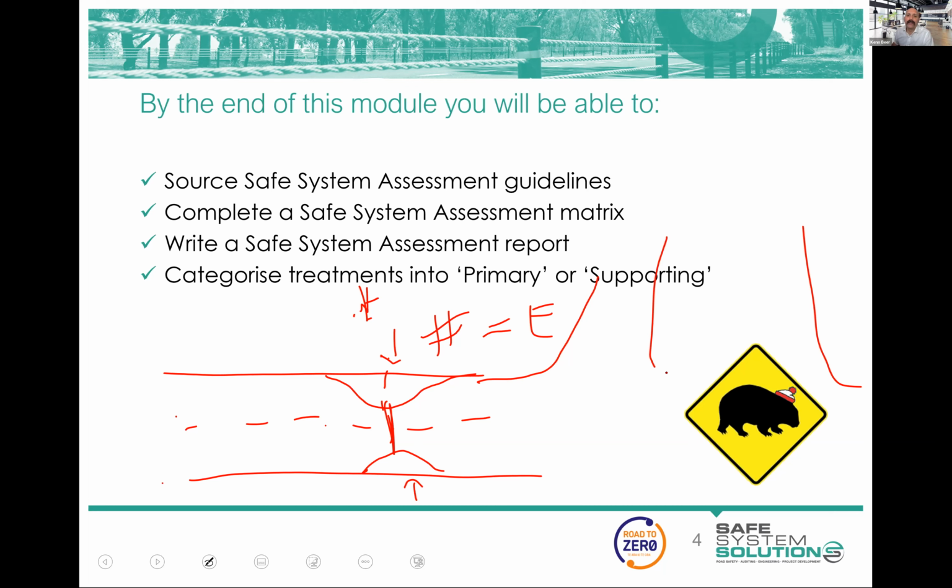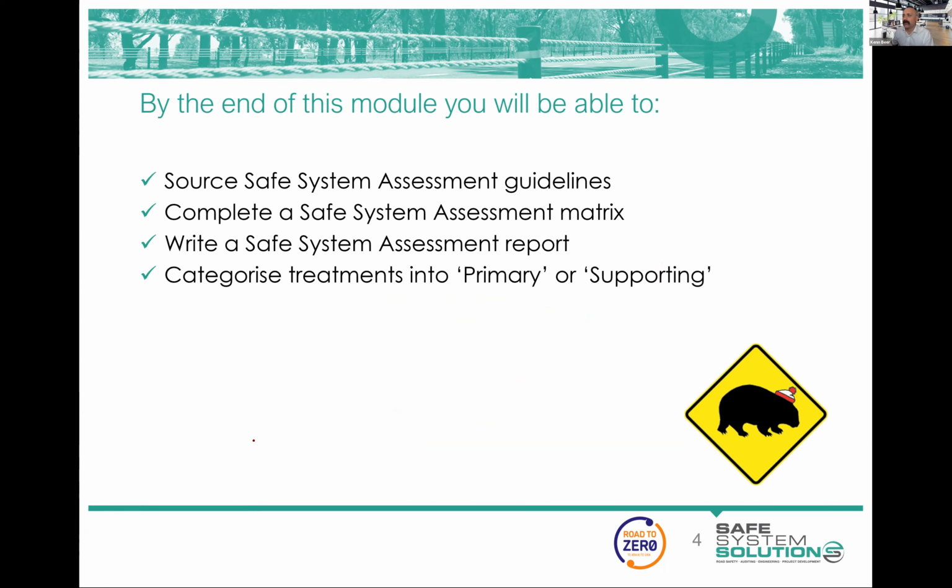The other one, sorry, is the Austroads Safe System Assessment Framework, which we'll show you shortly. It has done a fair bit of categorizing of treatments into these primary and supporting, but they also have done the work in putting what influences exposure, likelihood, and severity for a whole lot of treatments.